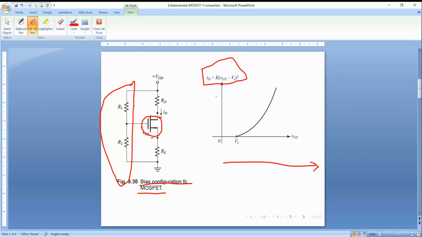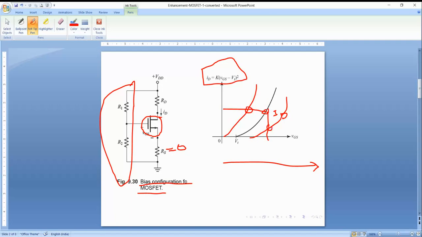In enhancement MOSFET, if you make RS equal to 0 ohms and we get an ID value, then if by any chance the transfer characteristics vary, the Q point will vary over a wide range.